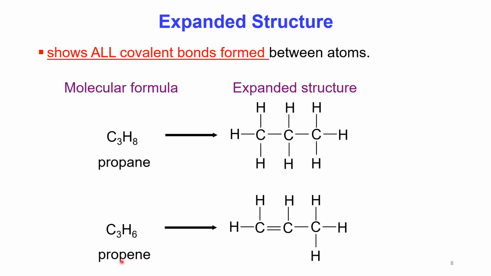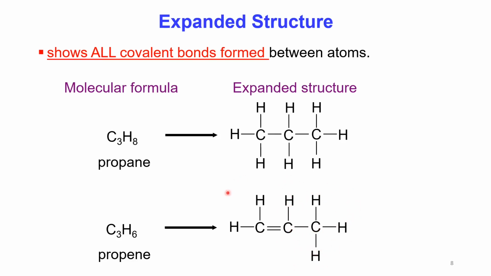Okay, so the next example we have is propene, which is an alkene. The structure consists of a double bond. First carbon is attached to hydrogen atoms. Then this carbon forms a double bond with the next carbon, and this carbon is attached to one hydrogen atom, and the last carbon is attached to 3 hydrogen atoms.